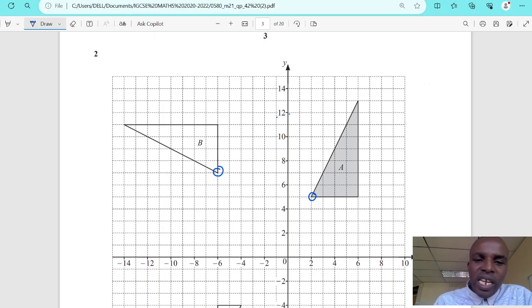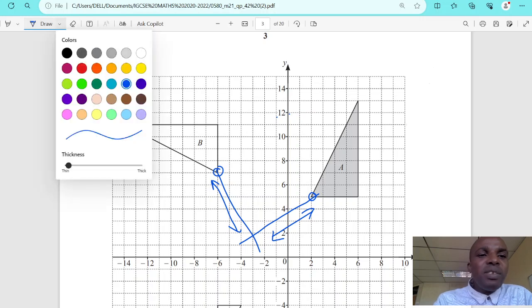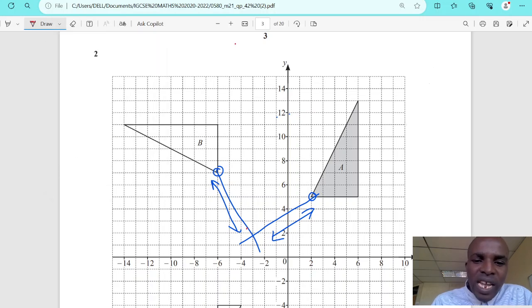So you check here a point that will give you 90 degrees, like the ruler like this and the ruler like this one. The distance from this point to this point must be exactly the same as the distance from this point to this point. At the same time, these lines must be making 90 degrees. So that will be the center of rotation that we have found.